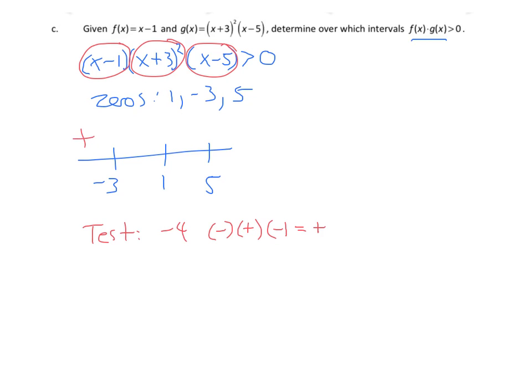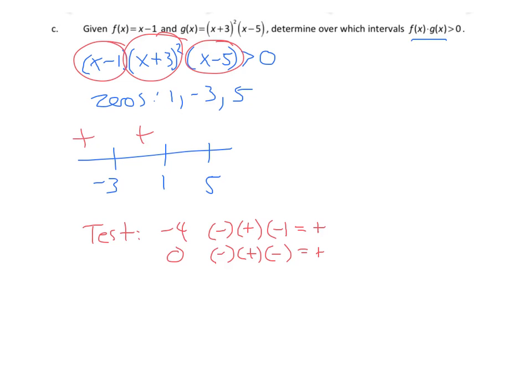And next I'm going to test something between negative 3 and 1. It would be nice and easy to plug in 0 there. So when I plug in 0 here, 0 minus 1 is negative. 0 plus 3 squared is going to be positive, and 0 minus 5 is negative. So we get a positive still.